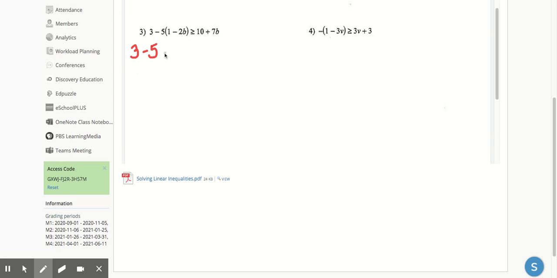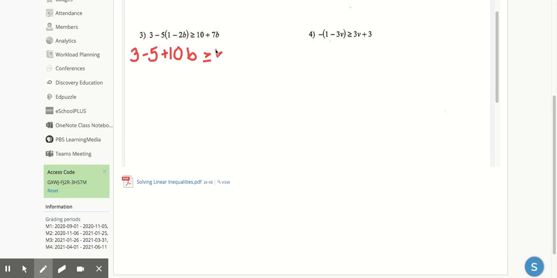And then negative 5 times negative 2b will be a positive 10b is greater than or equal to 10 plus 7b. And then we can go ahead and combine our like terms over here. So that's going to be a negative 2 plus 10b is greater than or equal to 10 plus 7b.